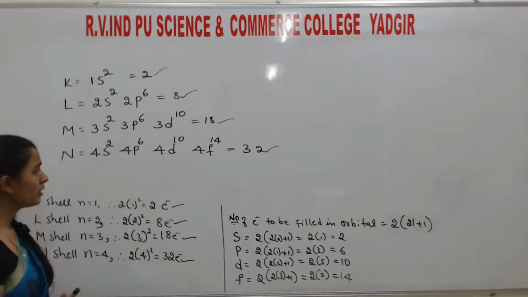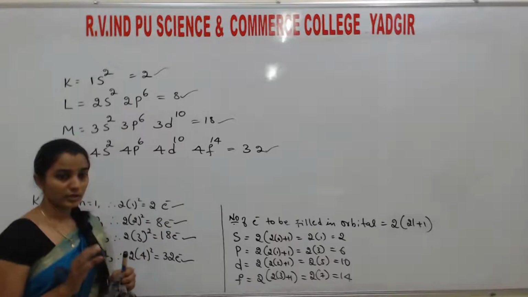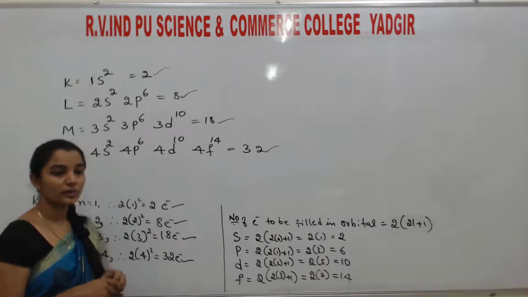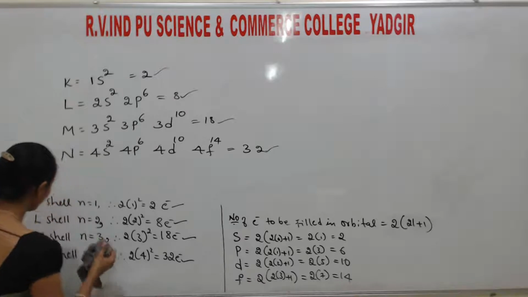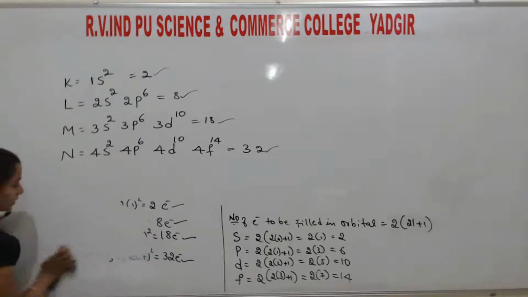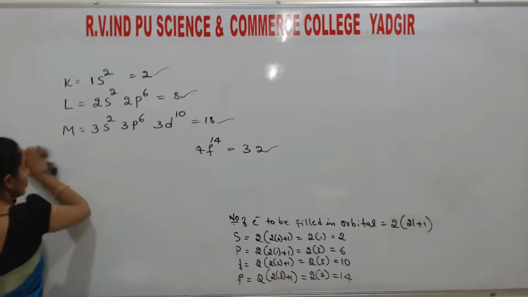Next, there are some rules to fill up the electronic configuration. You know that for atoms, we divide the number of electrons based on the different energy levels. So before going to that, we have to follow some rules here. First I write the rules, after that I will explain the energy level diagram and why it is like so.